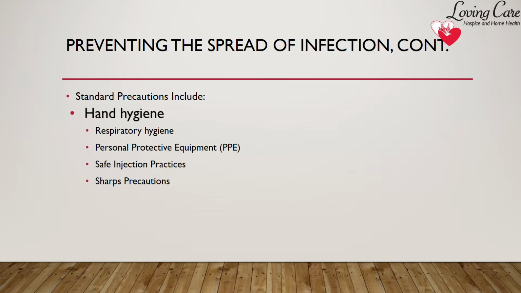Then, rub the backs of fingers to opposing palms with fingers interlocked. Next, rotational rubbing of the left thumb clasped in the right palm and vice versa. Next, rotational rubbing backwards and forwards with clasped fingers of right hand in the left palm and vice versa. Once dry, your hands are safe.